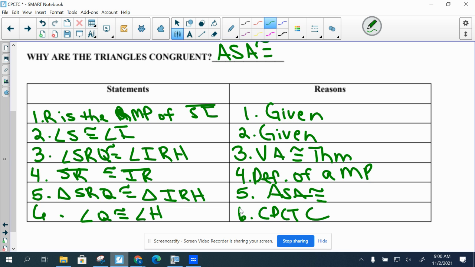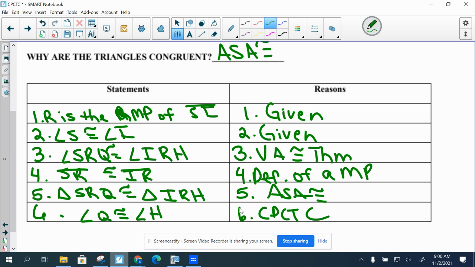Madison? Okay, so what you would do for that is say that HI is parallel to SQ by the converse of the alternate interior angles theorem, and then with that you can also prove that those two angles are congruent.